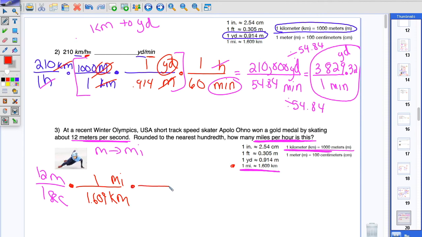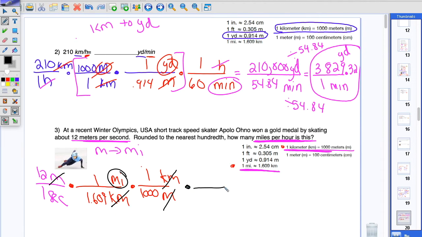And then we're going to use our second one, kilometers in the numerator and meters in the denominator, so 1 kilometer is 1,000 meters. Let's cross cancel the units to make sure everything cancels. So meters cancels out, kilometers cancels out, and we're left with miles.